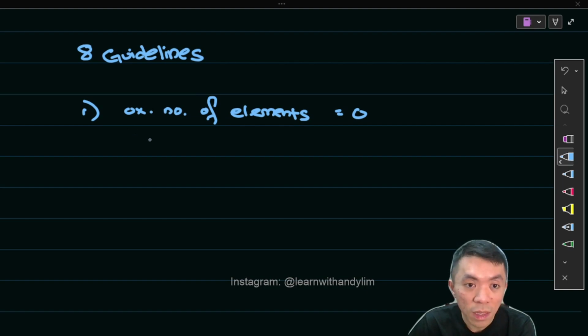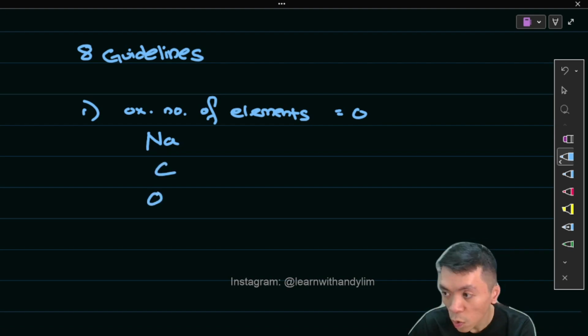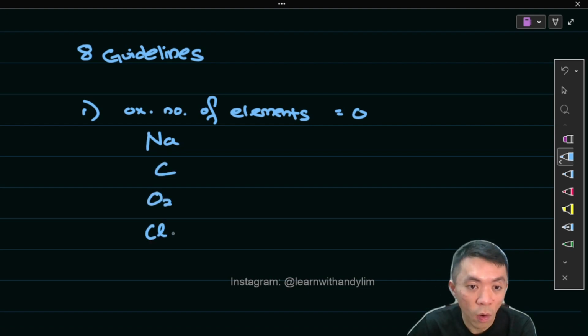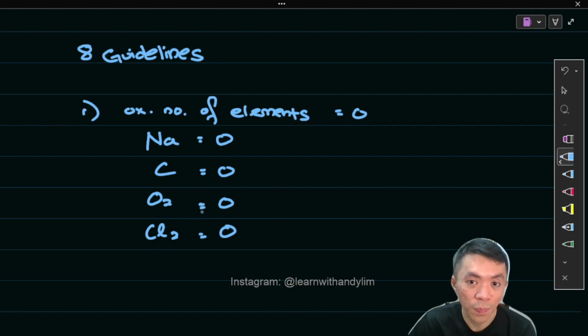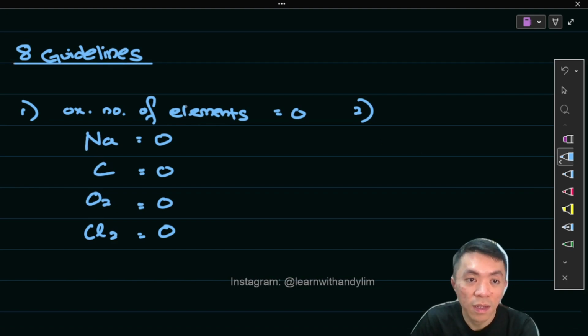For example, you have your sodium, carbon, oxygen, and chlorine. They all have an oxidation number of 0. Whenever I'm an atom or molecule of the same element, the oxidation number is equal to 0. That's it, easy. This is the first guideline, I'm just going to underline it here.